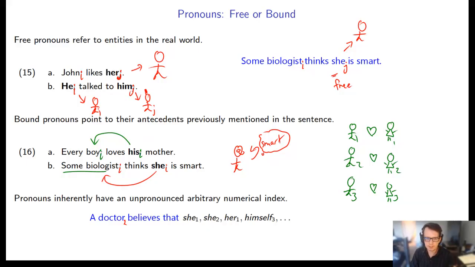Okay, one thing that is very important. We have indices on pronouns. We have indices on quantified nouns, especially ones that have undergone movement, and we have indices on traces. So we have numbers on all of these things.